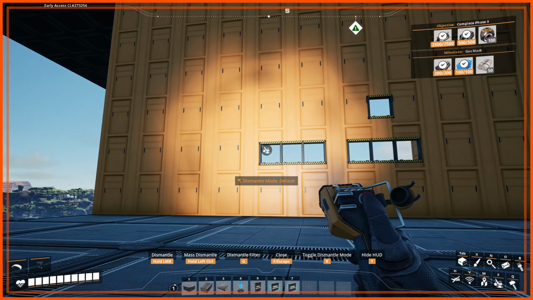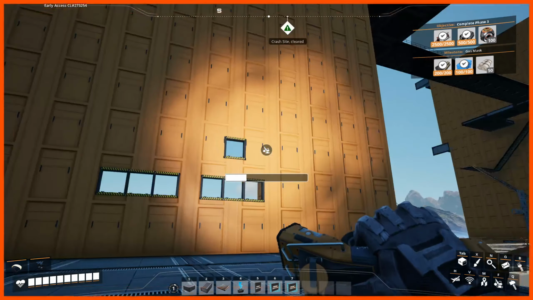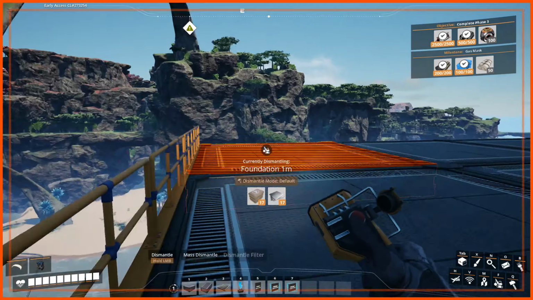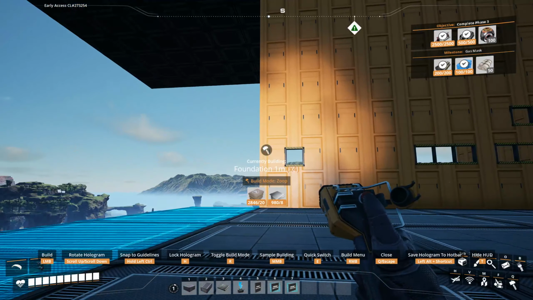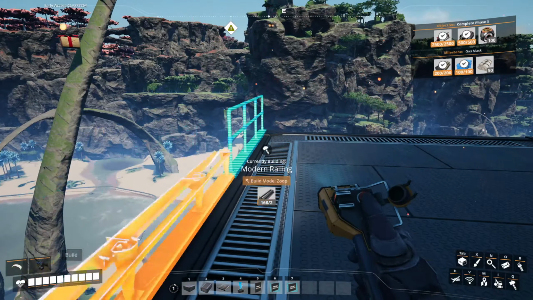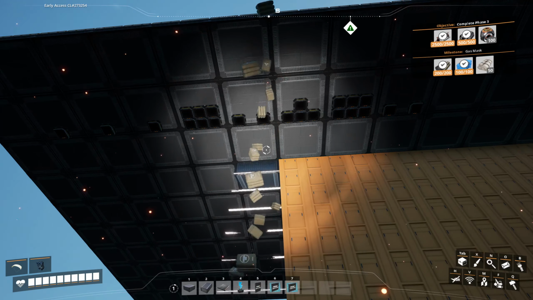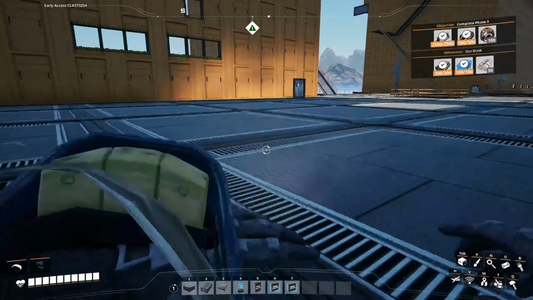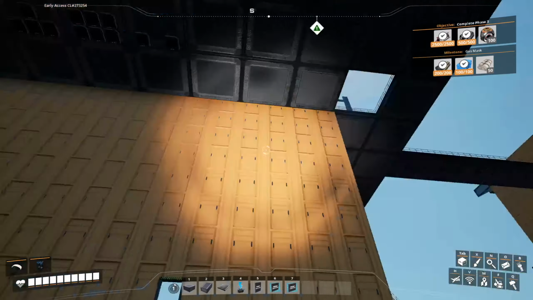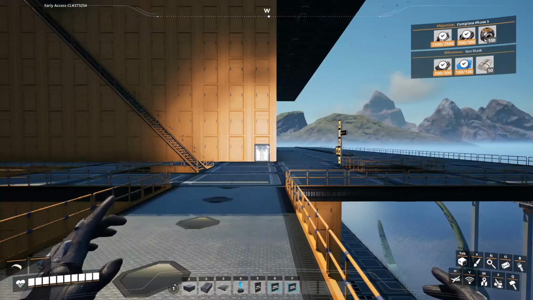So 2 return loops for canisters, and then 1 output for fuel gens. Right. So that's where it gets frustrating math time.